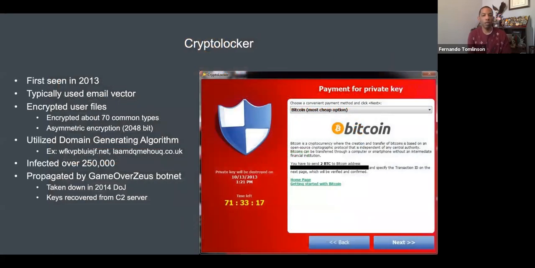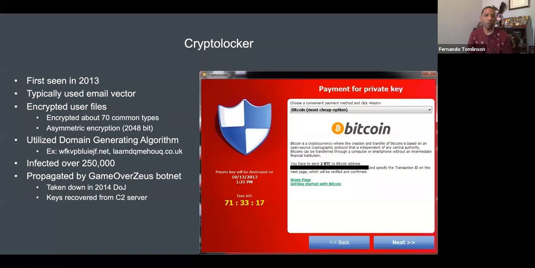We had CryptoLocker in 2013. And this one typically spread through email, and it sought to encrypt user files. There were about 70 types that it actually looked for. And this was kind of where we started to see the first instantiation of using crypto or cryptors, if you will, for locking access to files.